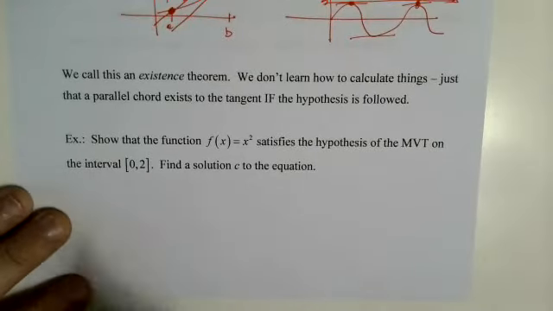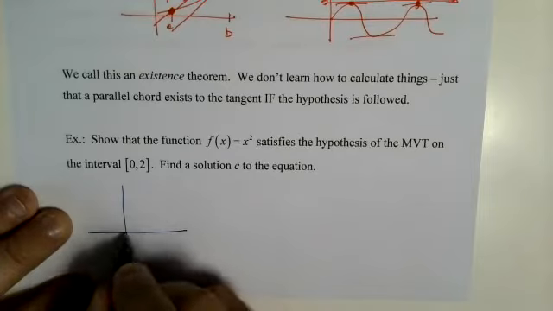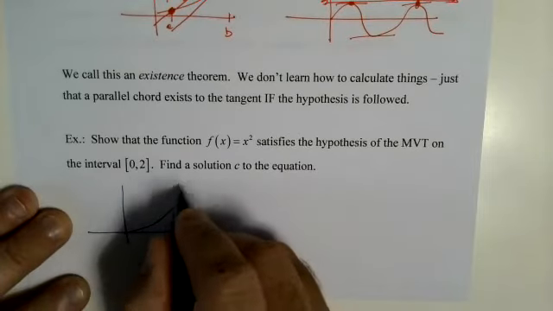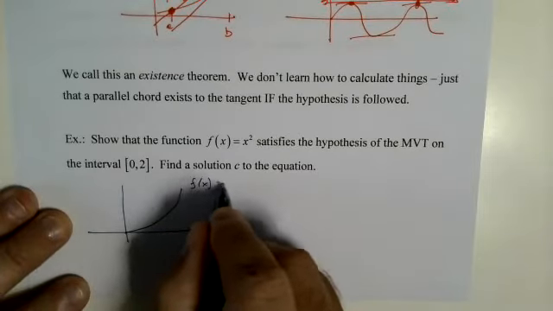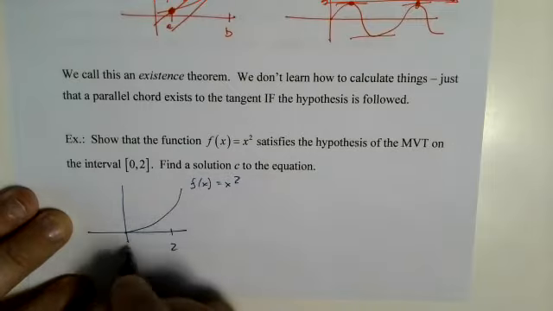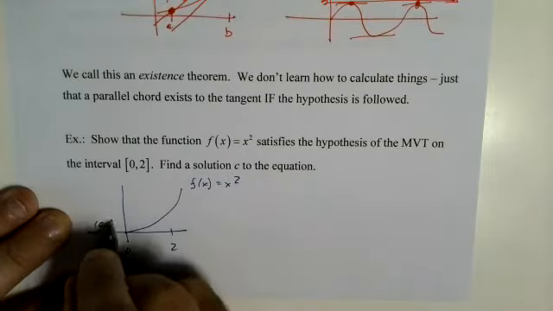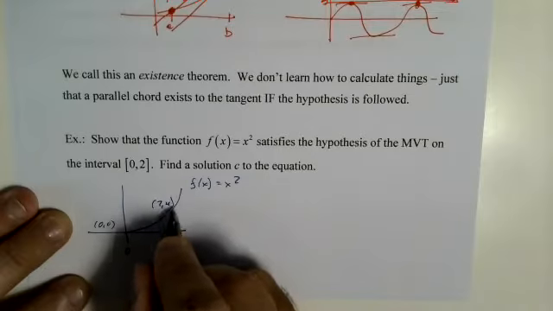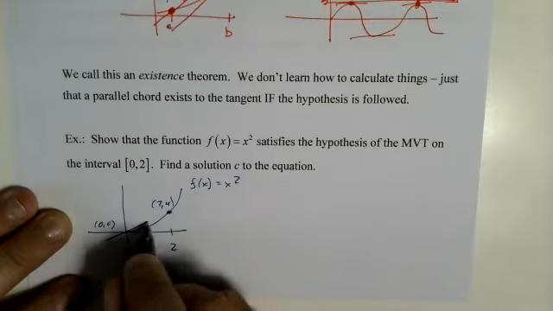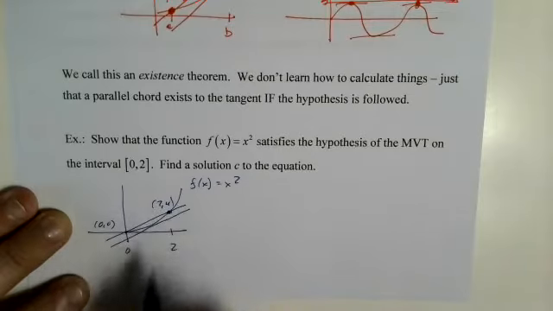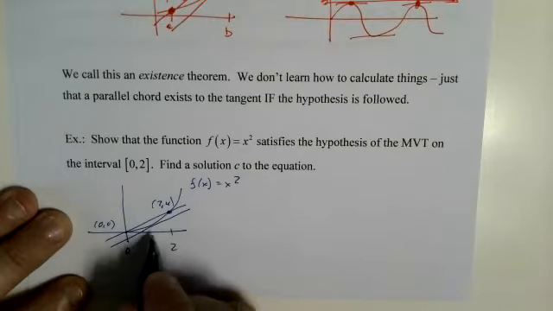They love it. So we say, hey, what's going on from 0 to 2 in f of x equals x squared? This is 0, 0. This is 2, 4. Where is there going to be a point that has the same slope?